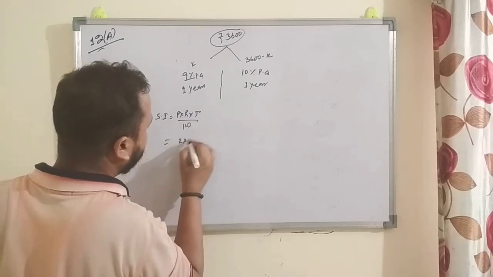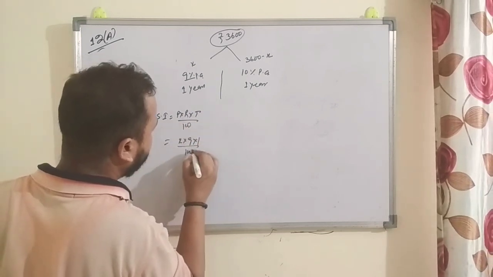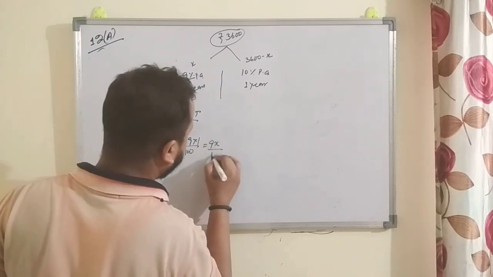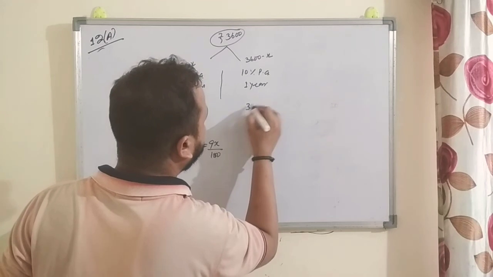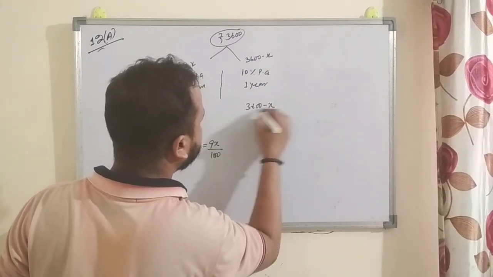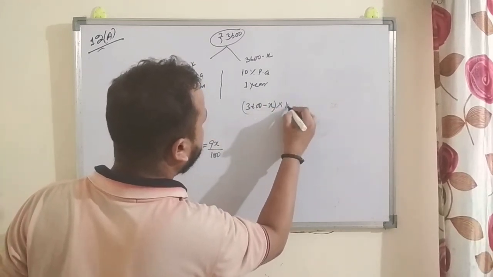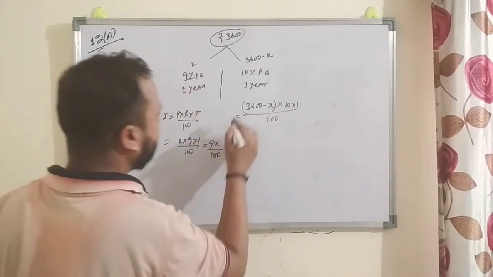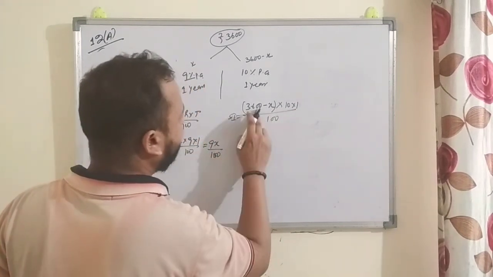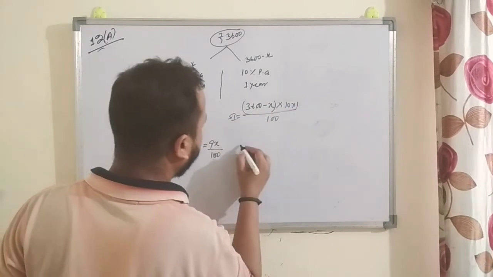So x into 9 into 1 by 100 is equal to 9x by 100. And here you are getting 3600 minus x into 10 into 1 upon 100. This is the simple interest, P into R into T by 100.